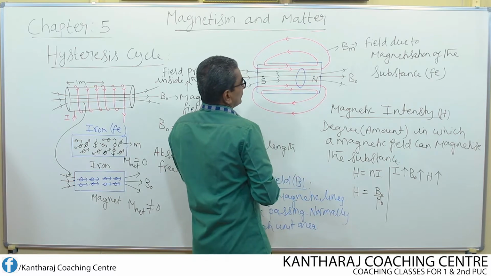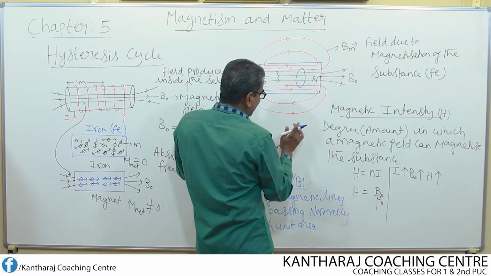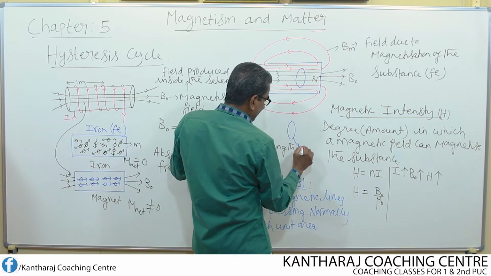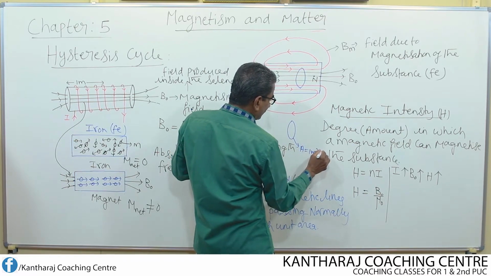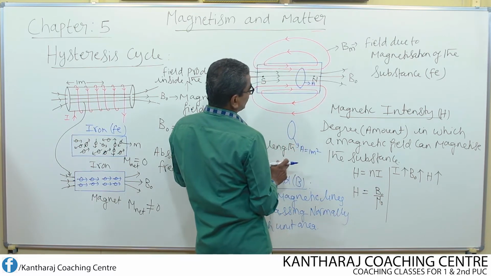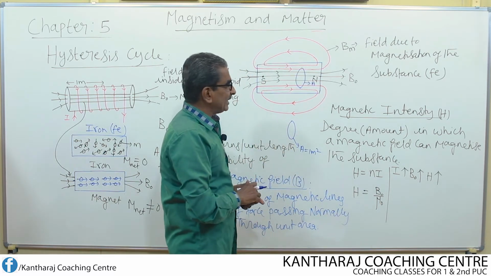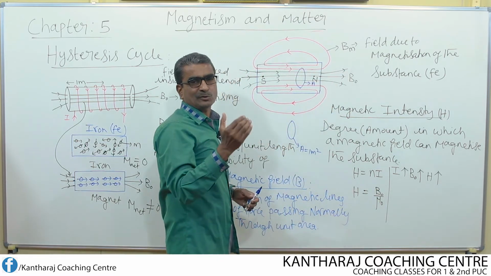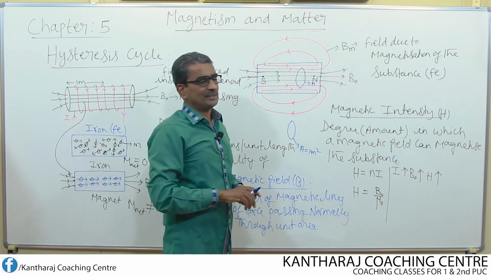Let us write this separately. Its area is equal to 1 meter square. So A is the area whose value is 1 meter square. Through this circular area, how many magnetic lines of force are passing? That is known as magnetic field.